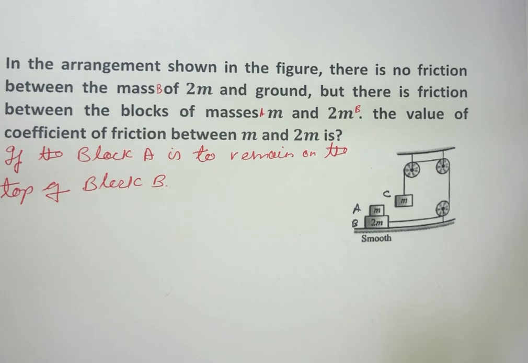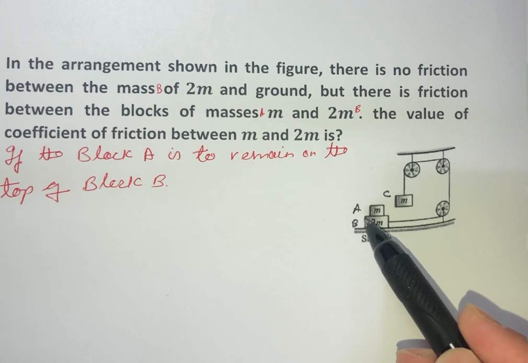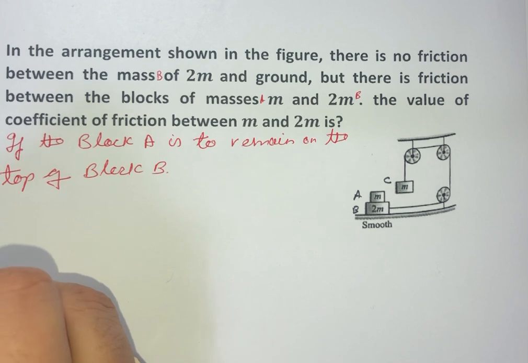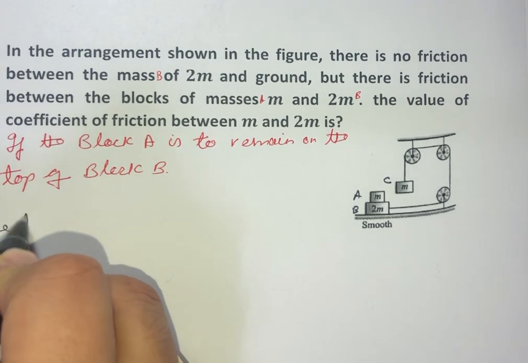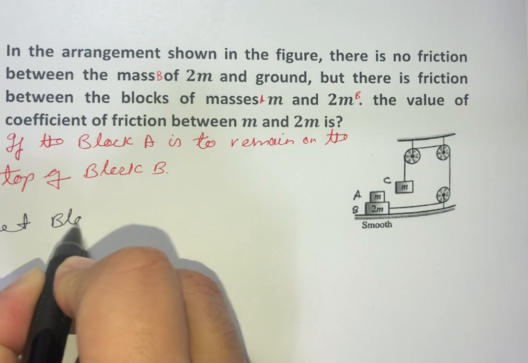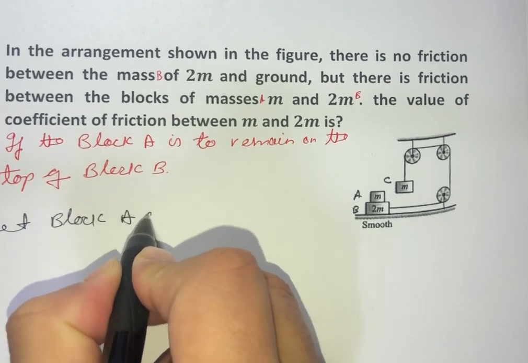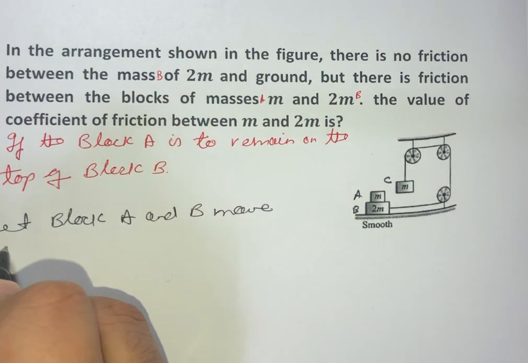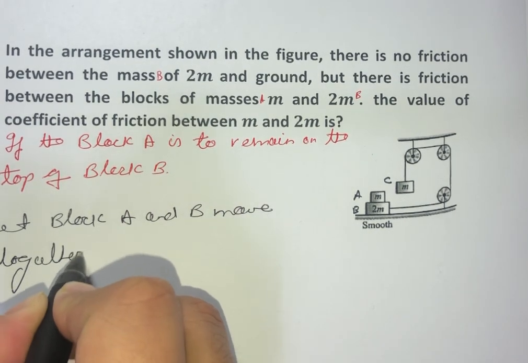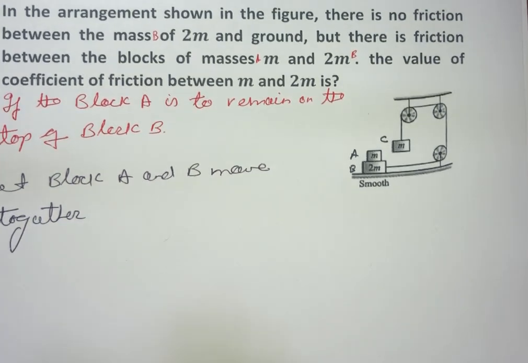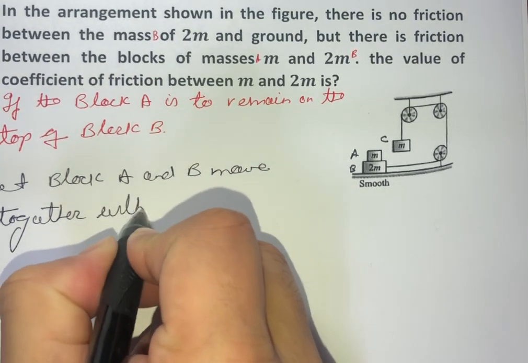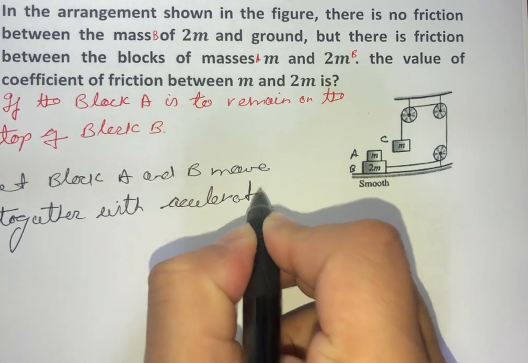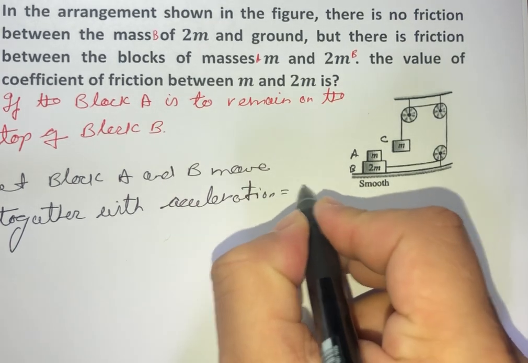let us assume that block A and B move together with acceleration, which is given as small a.